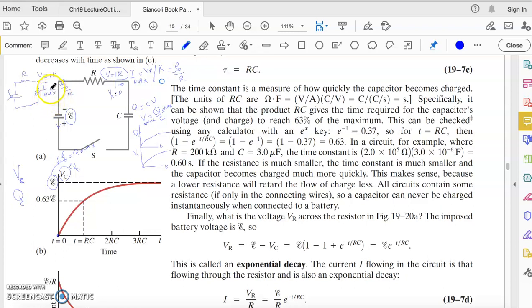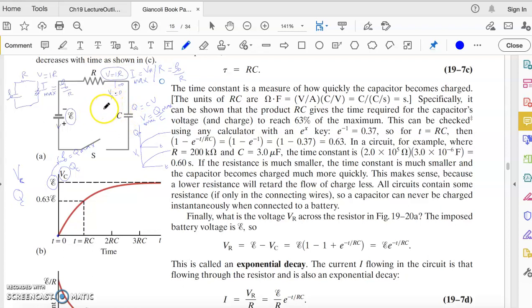The interesting thing is that the current starts at maximum and then decreases until it is fully charged, and we don't have current running in the circuit anymore. I will repeat that point. Once we close the switch, maximum current will be going on until the capacitor is fully charged. Once it's fully charged, there is no current running in the circuit.